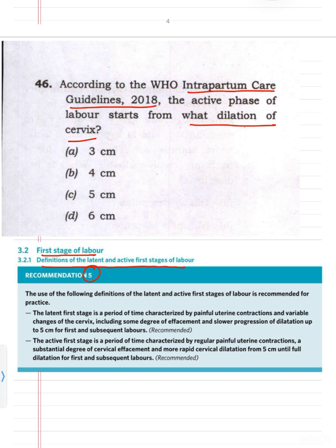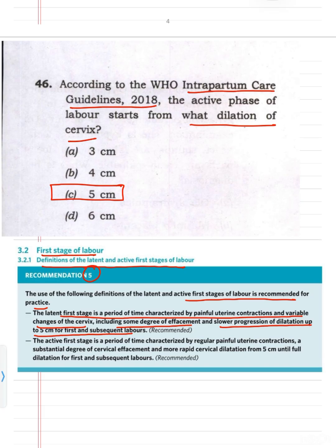The use of the following definitions is recommended for practice. The latent first stage is the period of time characterized by painful uterine contraction and variable changes of the cervix, including some degree of effacement and slower progression of dilatation up to 5 cm for the first and subsequent labors. So the answer is 5 cm.